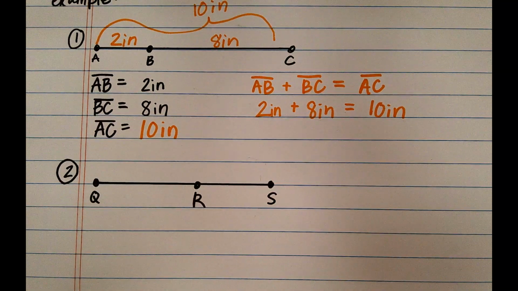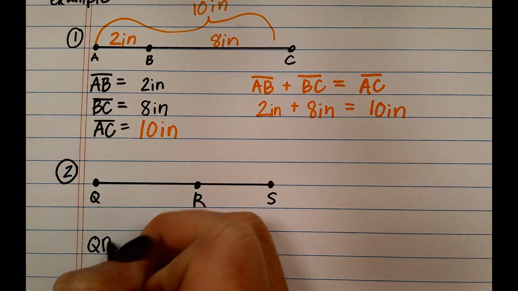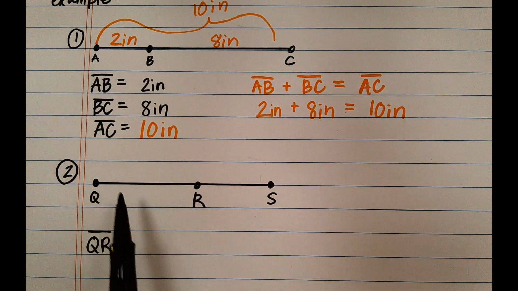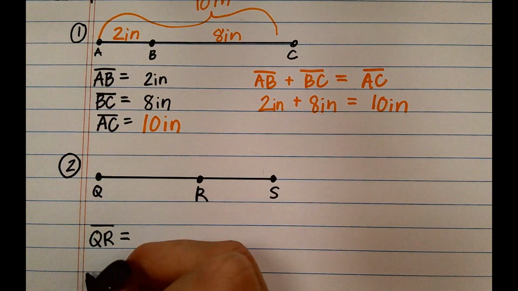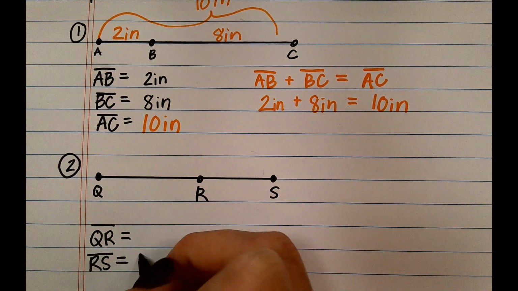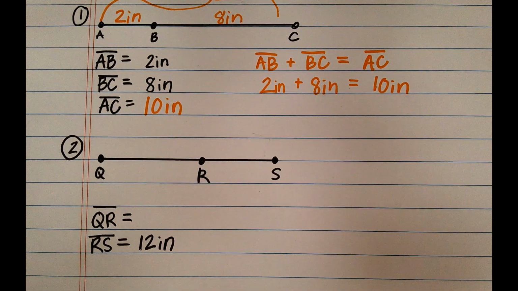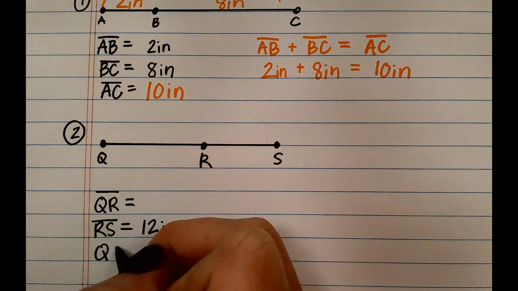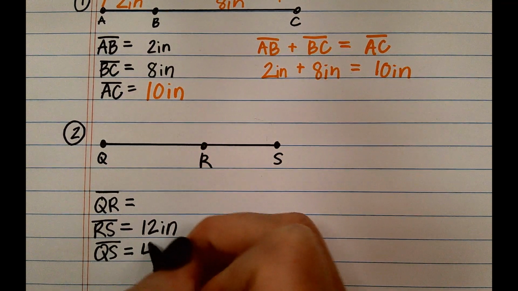And let's say QR, we don't know. I don't know the length of Q to R. I know that RS is 12 inches. And let's say that I know also that QS is 40 inches.